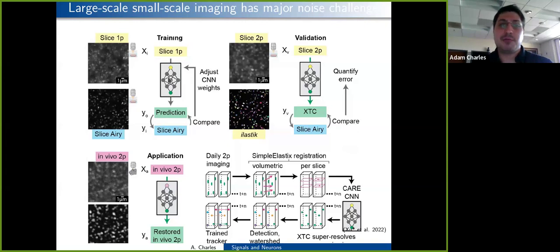And just like this network was trained to predict the super resolved tissue from the one photon, it then created a super resolved version, a nice cleaner version of the two photon using the learned statistics of this type of data.